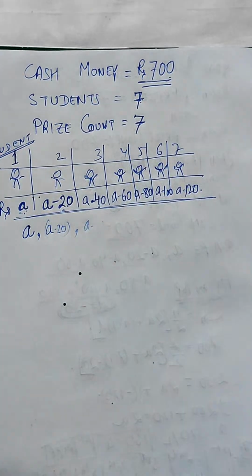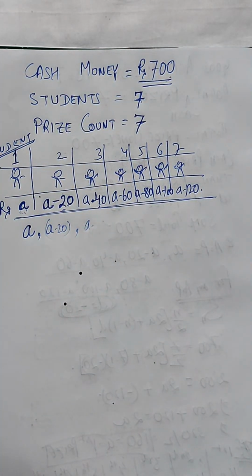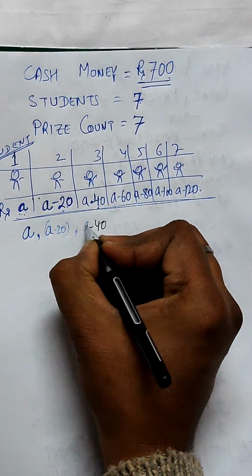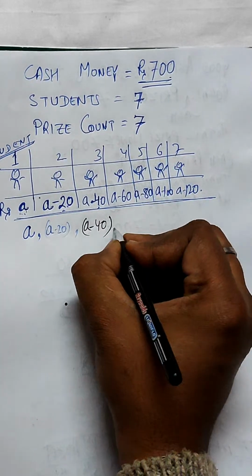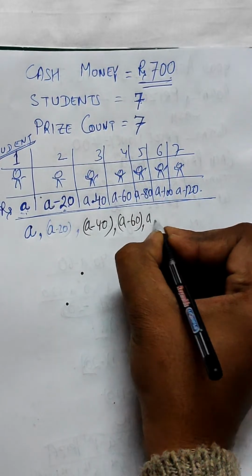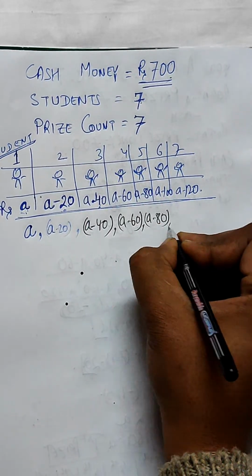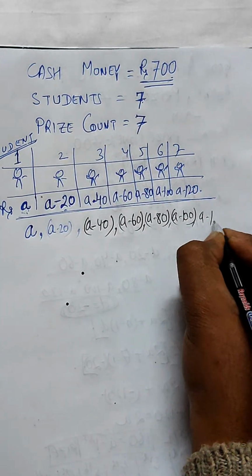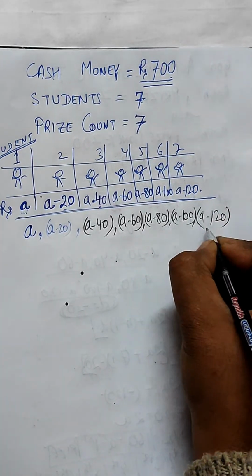Okay, let me take another pen. A minus 40 is the third term of the AP, A minus 60 the fourth term, A minus 80 the fifth term, A minus 100 the sixth term, and A minus 120 is the seventh term.